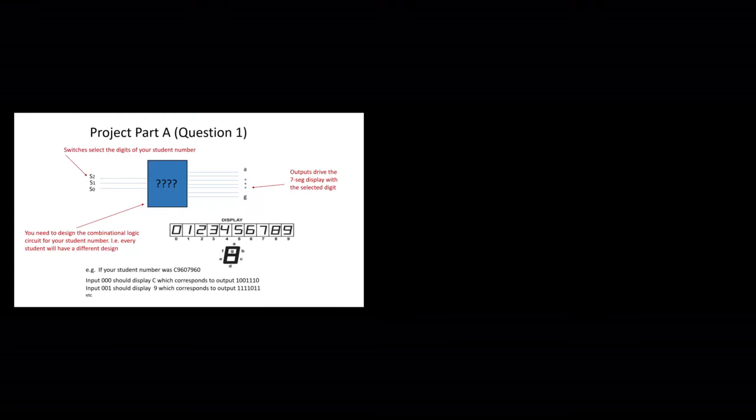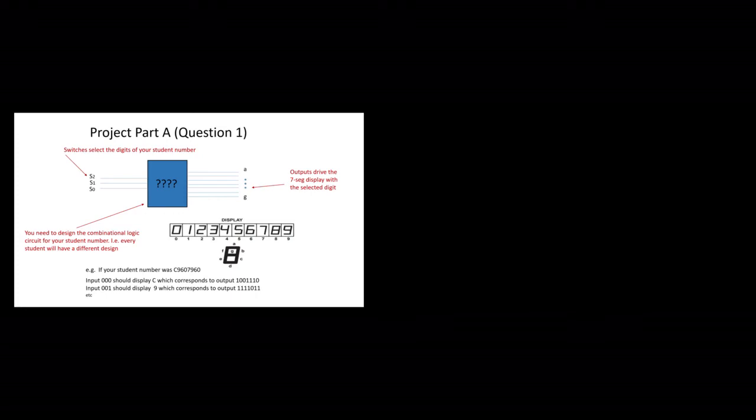Alrighty. So this week on Tuesday, I started working through the first question in project part A, and we talked about how our circuit was going to take a 3-bit input, and depending on the integer value of that 3-bit input, was going to select the corresponding digit in my student number and just turn on the correct segments to display that digit.